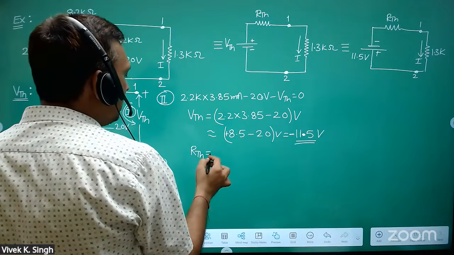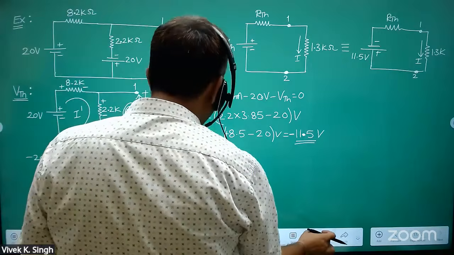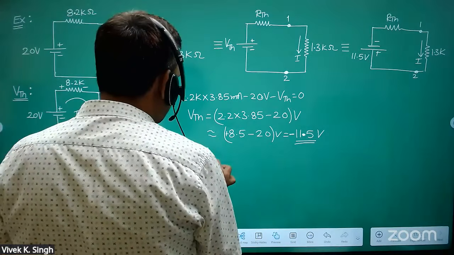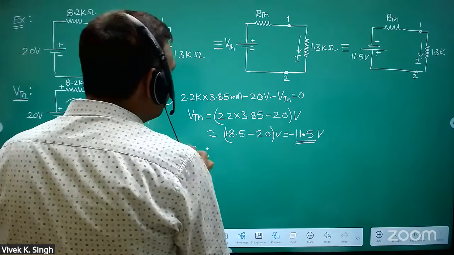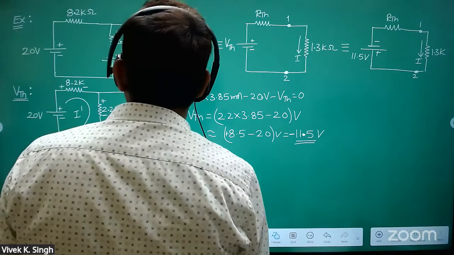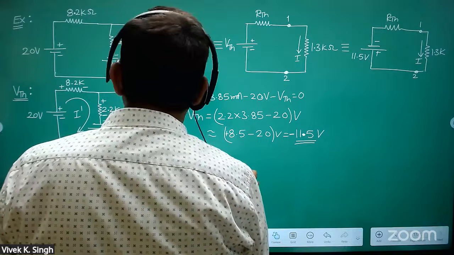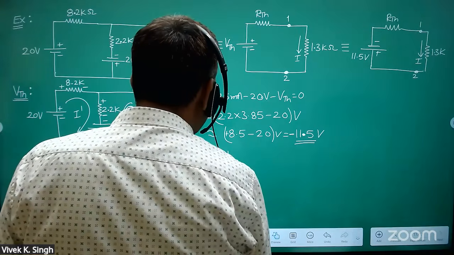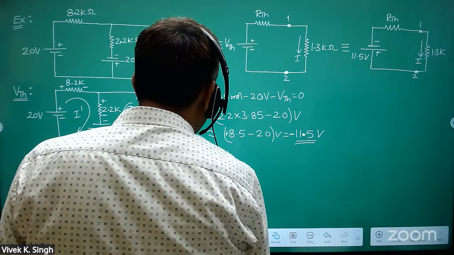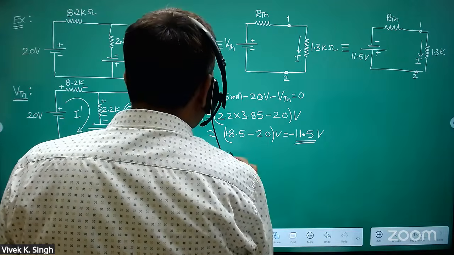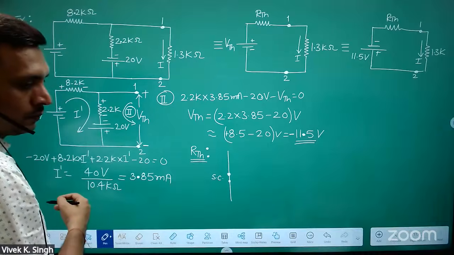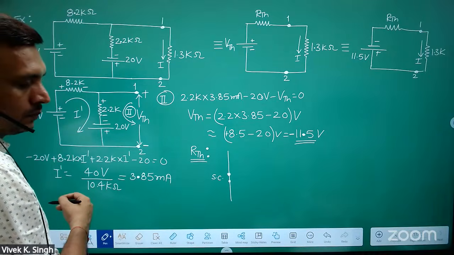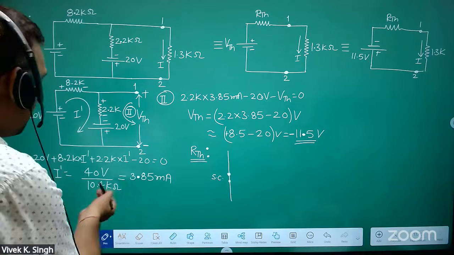So for RTH, voltage sources will be short circuited. So this voltage source is short circuited. The current direction will remain the same, because I dash is positive, no?